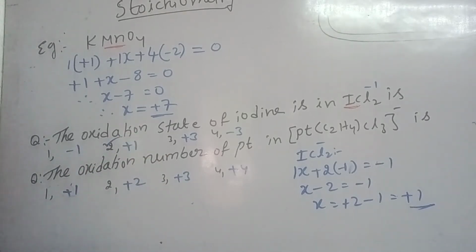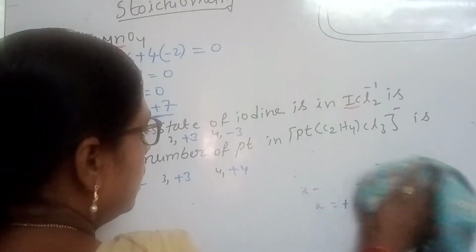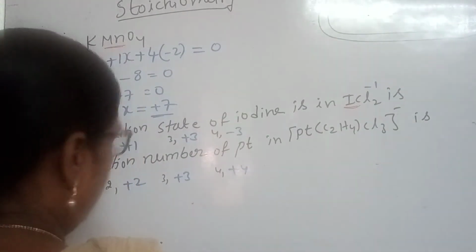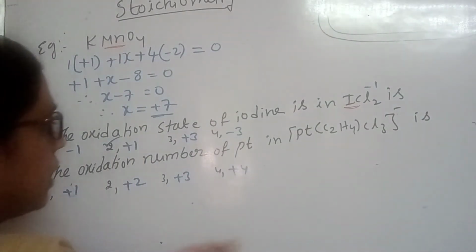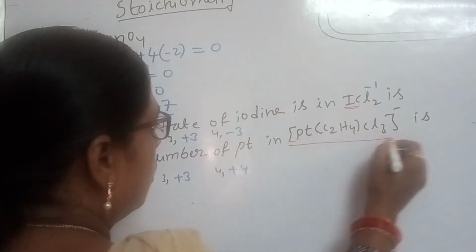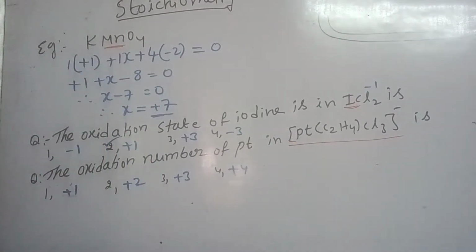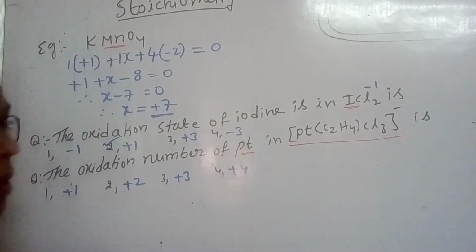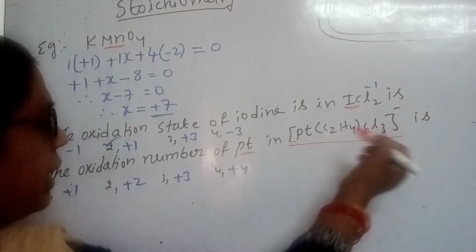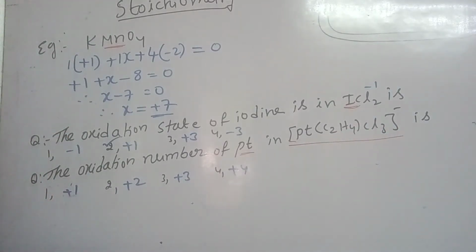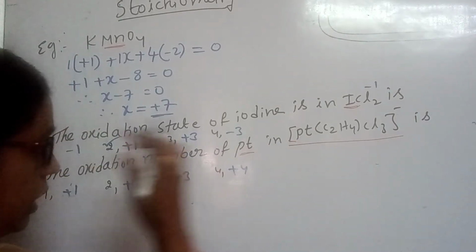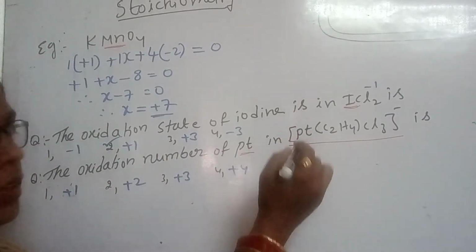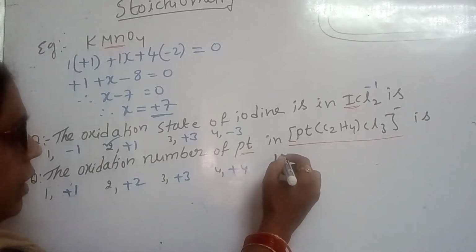Okay, next let's take another example. This compound is called a complex compound or coordination compound. What is the question here? The oxidation number of Pt, platinum, in this given compound is how much? How to calculate? How many platinums are there? 1, and x.